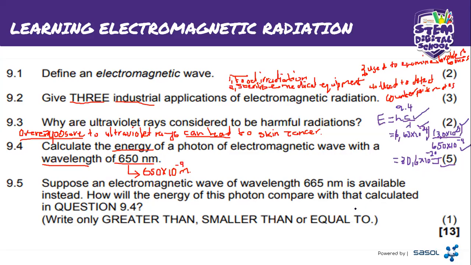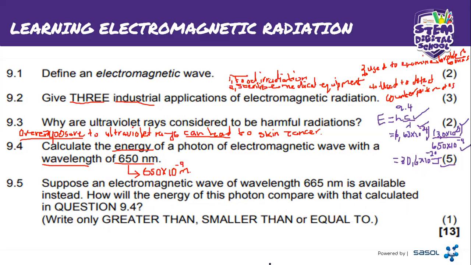Then in 9.5, they say to us, suppose an electromagnetic wave of wavelength 665 nanometers is available instead, how will the energy of this photon compare with that calculated in question 9.4? Write only greater than, smaller than, or equal to.